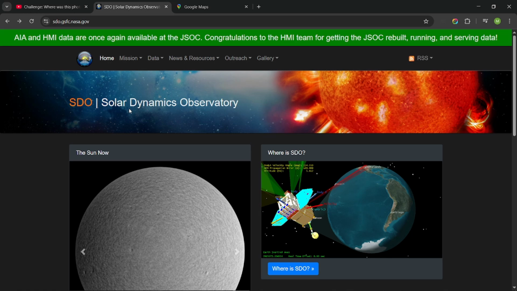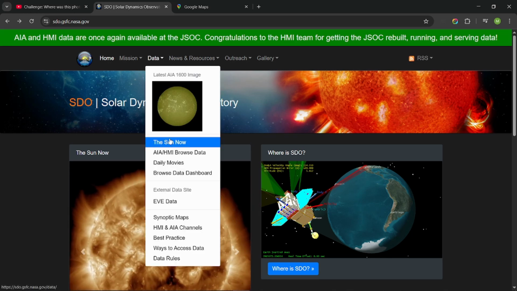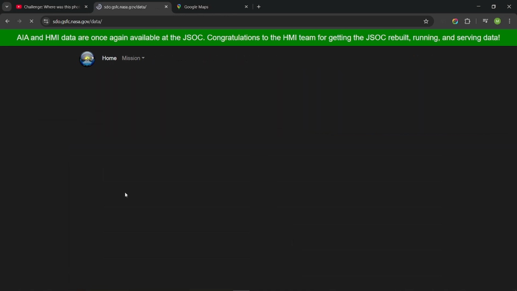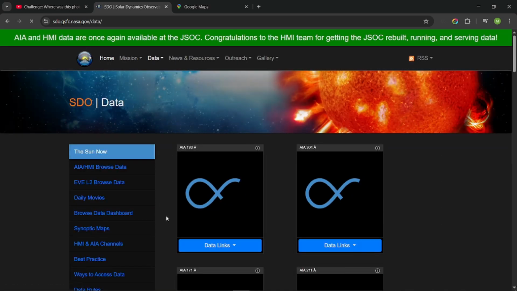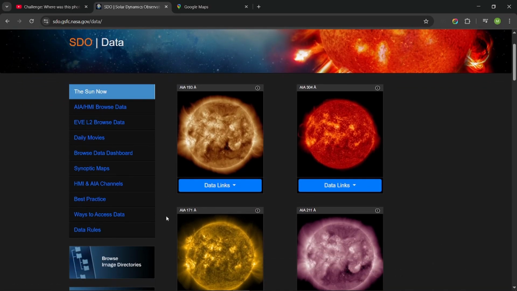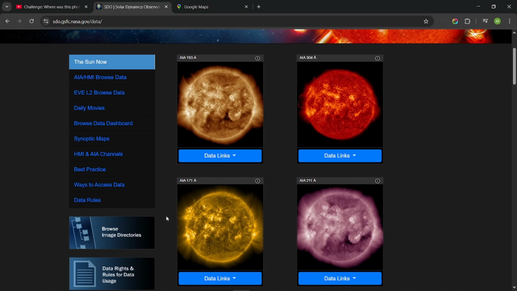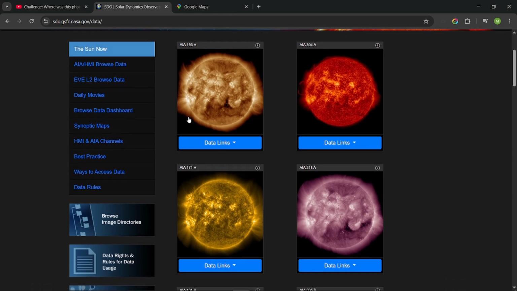So I went to the Solar Dynamics Observatory, and the satellite has two different instruments, and they are covered by various different filters to take pictures in different wavelengths.